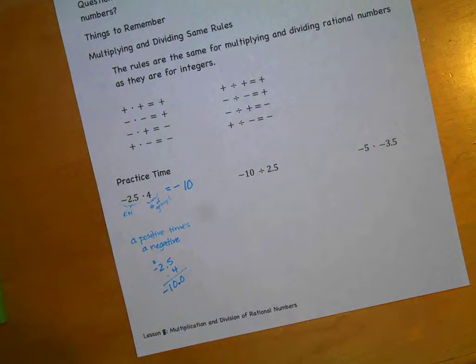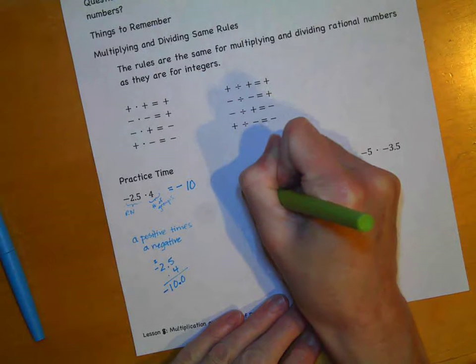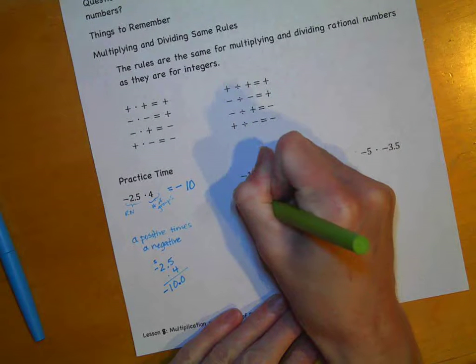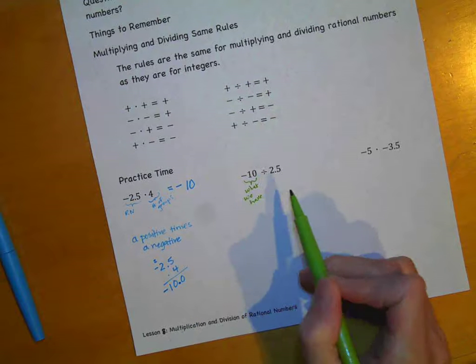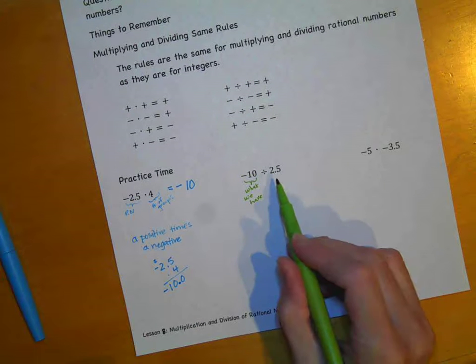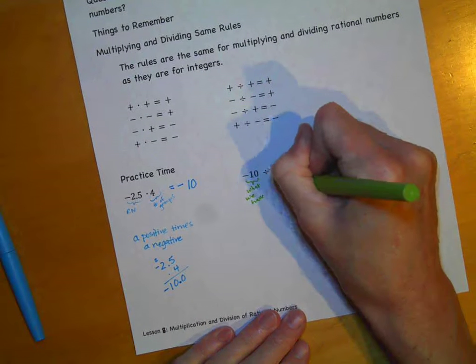And now we have another one where we're dividing. So again, in this one, this is what we have. Remember, we talked about this in class. And then we're dividing it into 2.5. And so this, again, I would say is your rational number.